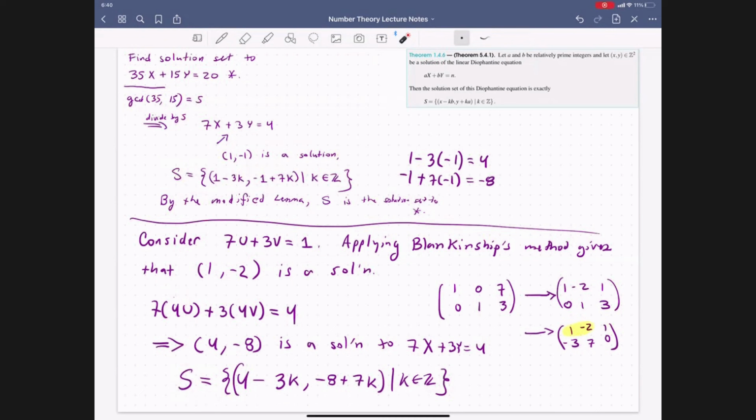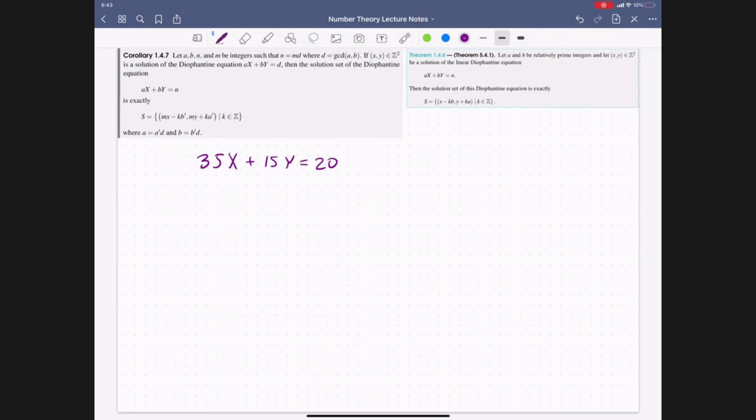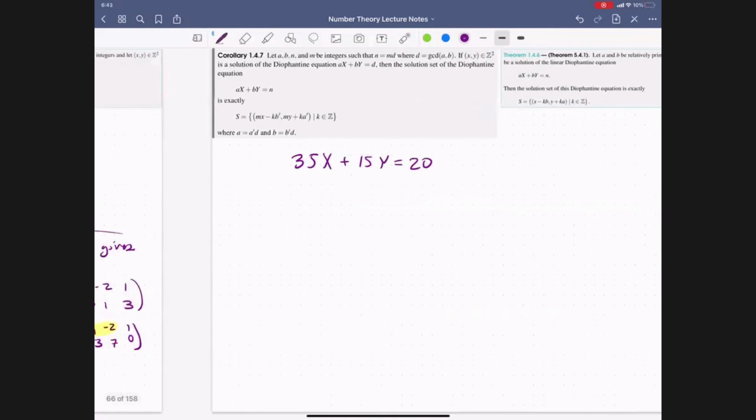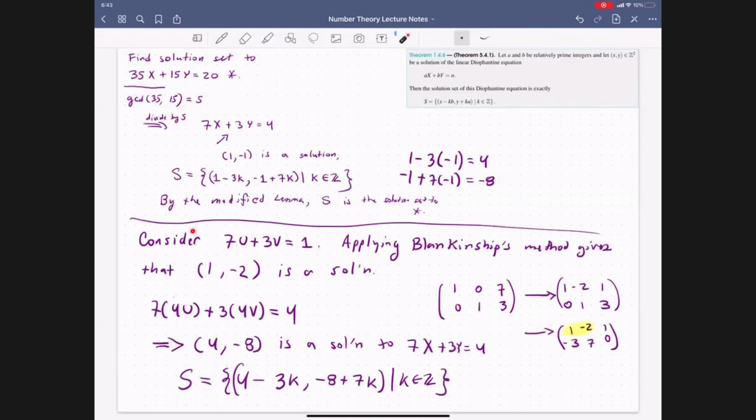And so this is just to show a way of doing it when we can't eyeball a solution but have to resort to Blankenship. So now I'm going to finish off with a corollary, which is just putting symbols in the argument that we just did below for the statement over here using Blankenship.